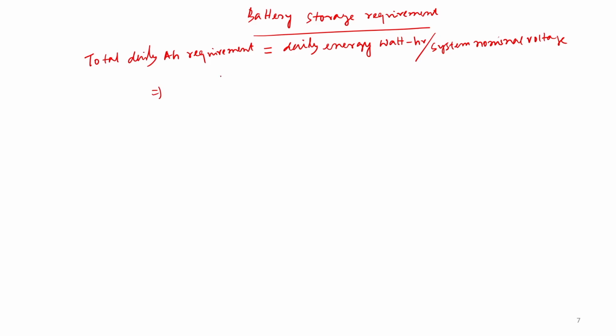So, total daily ampere hour will be 1293.9 watt hour divided by 12 volt, which is 107.8 ampere hour per day.